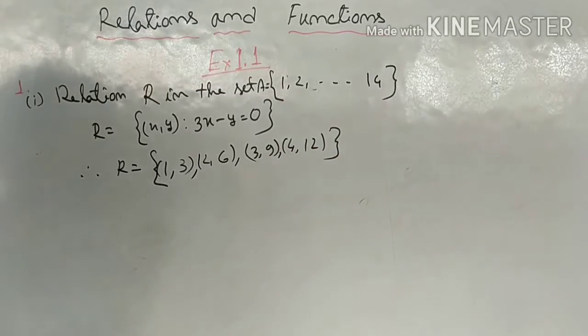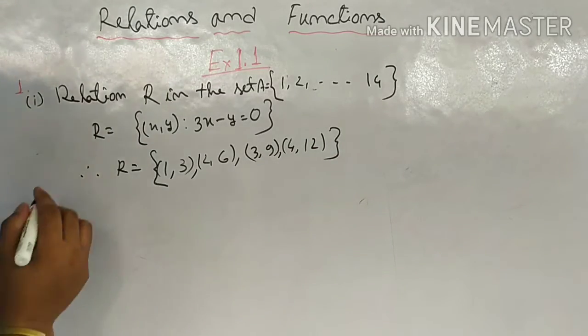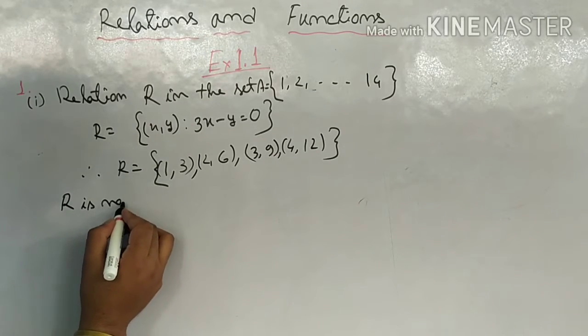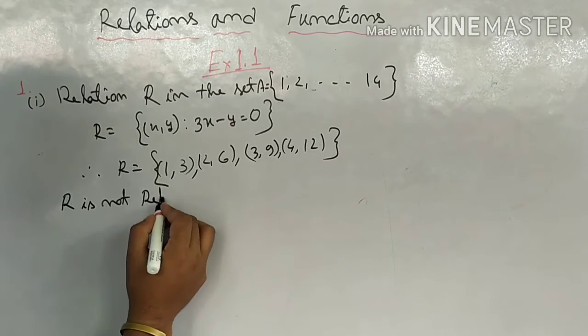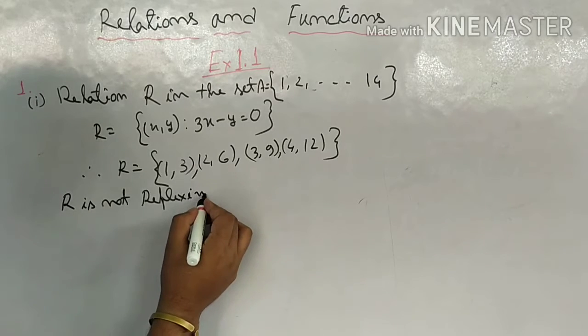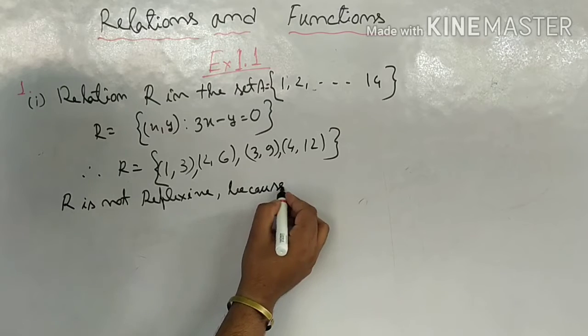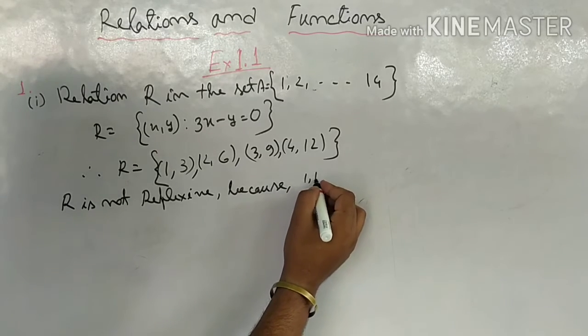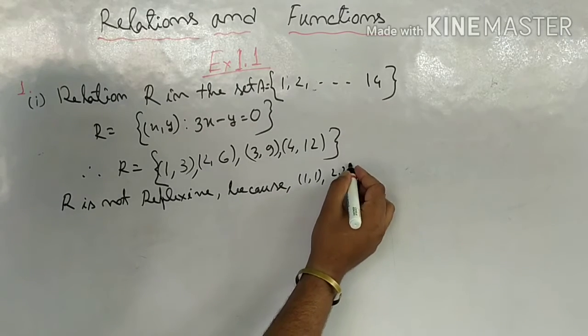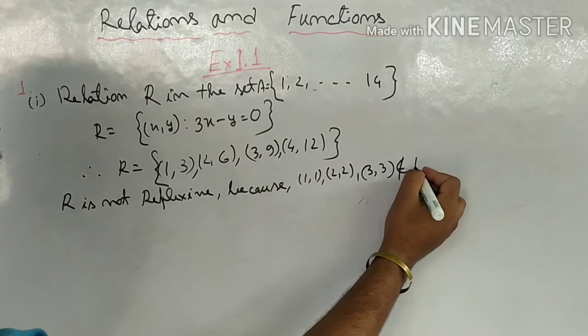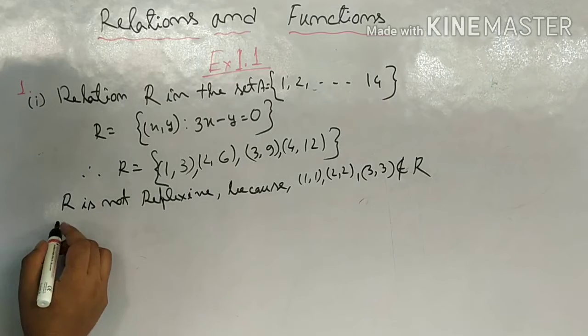Now see, R is not reflexive because (1, 1), (2, 2), (3, 3) do not belong to R. Understood?